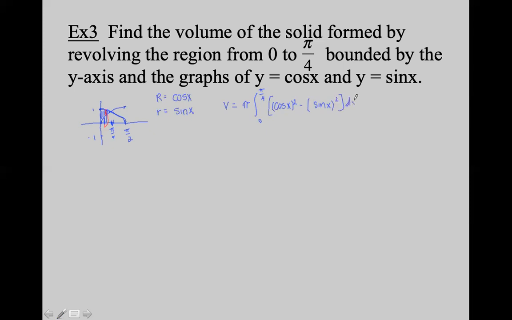All right, so I'm going to do a little simplifying here. So that's pi times the integral from 0 to pi over 4 of cosine squared x minus sine squared x.